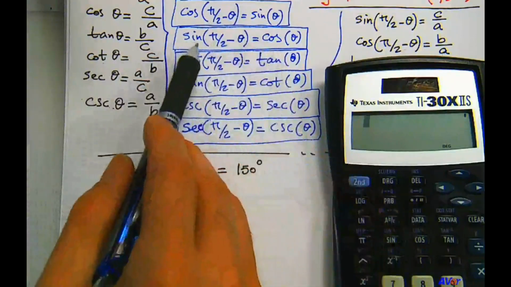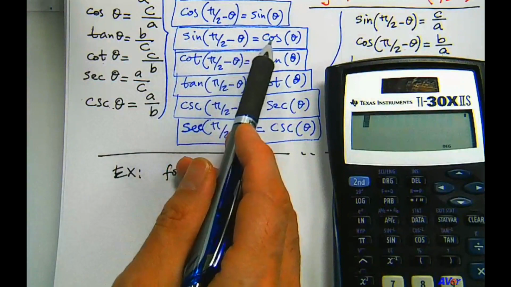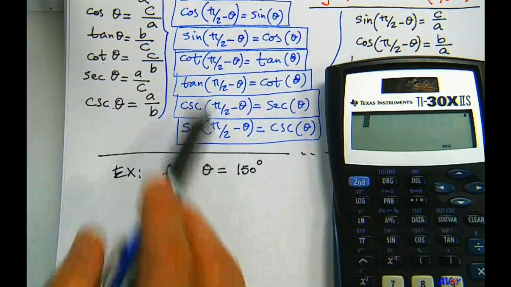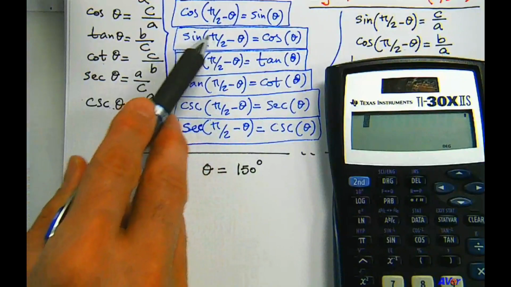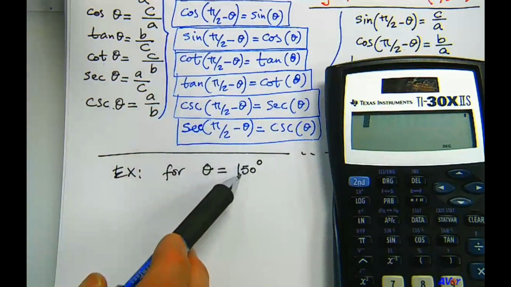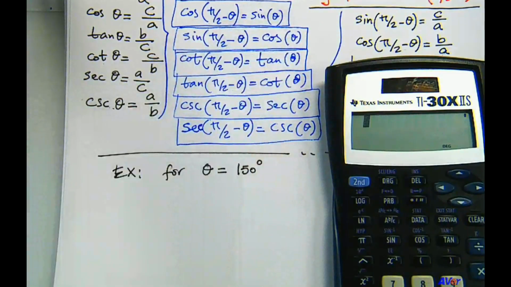We can test it with sine of pi over 2 minus theta equals cosine of theta. So if that's true, then sine of 90 degrees minus 150 should be equal to cosine of 150 degrees, right?